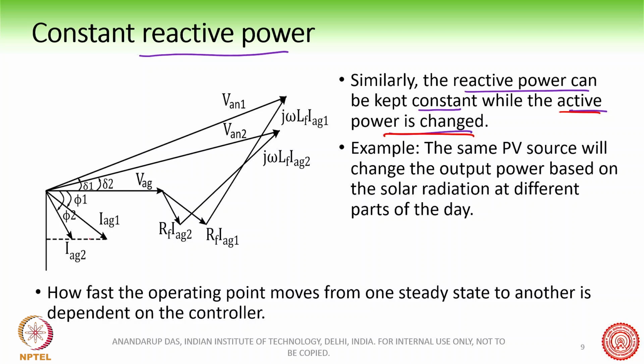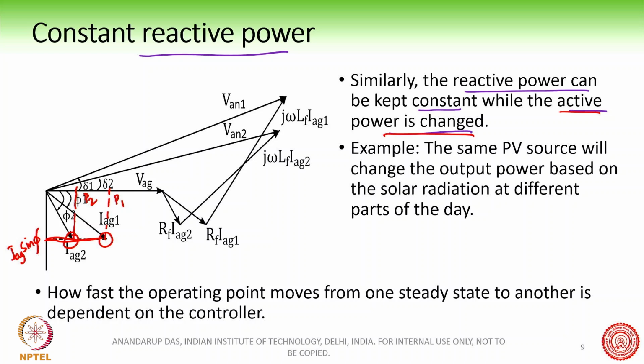So you can see here in the phasor, you see this projection, this corresponds to IAG sin phi, and this is the reactive power, and that remains constant, whereas the active power here will correspond to P1 and this will correspond to P2. So the active power is changing. And when do we need such an operation?